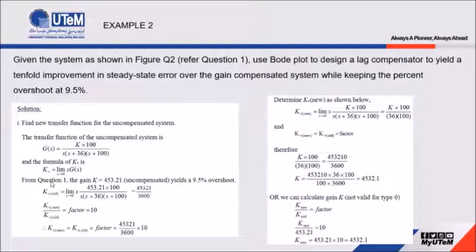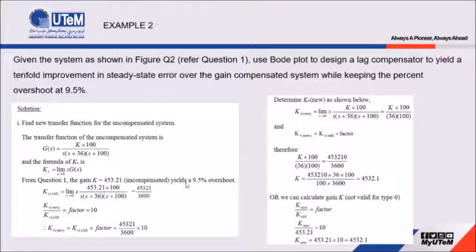Recall what you learned in Control 1 last semester, where Kv is equal to the limit as s goes to 0 of s G(s). So we put this G(s) inside this equation, and change all s in the equation to 0.